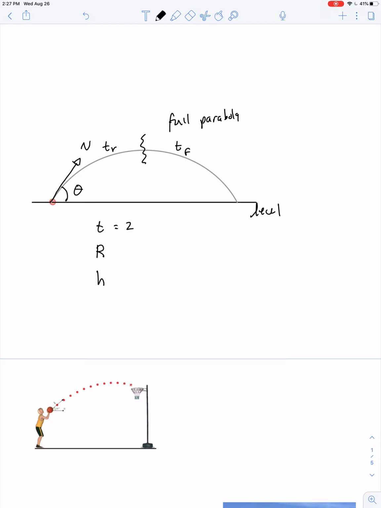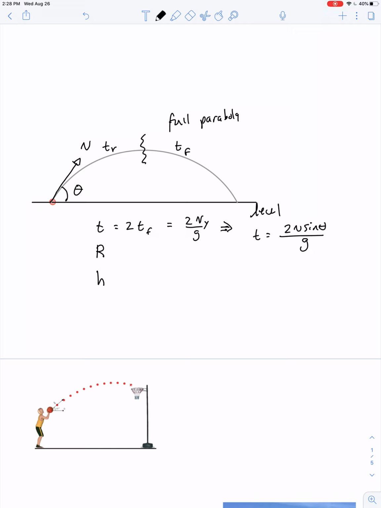So we'll say it's 2 times the time to fall, which means it's 2 times the vertical velocity divided by acceleration due to gravity, which means in the end t is equal to 2 v sine theta over g.